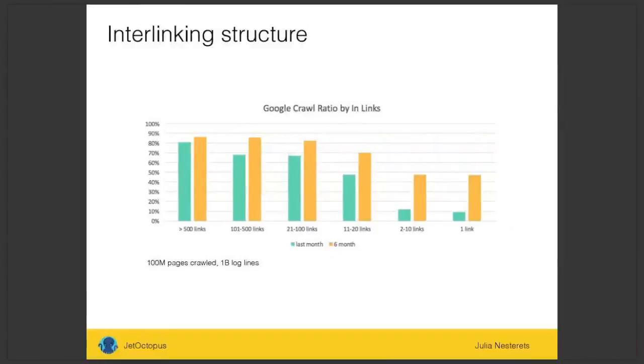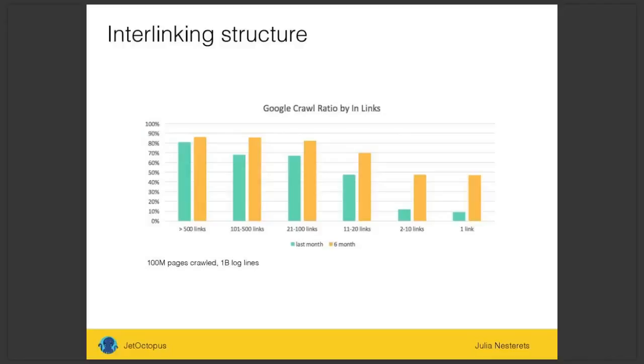Another parameter that has influence on crawling budget and crawling ratio is the interlinking structure. The more links around the page, the better. You see that pages with more than 500 interlinking links are 80% and more crawled. So they are crawled really well, and they are crawled regularly.